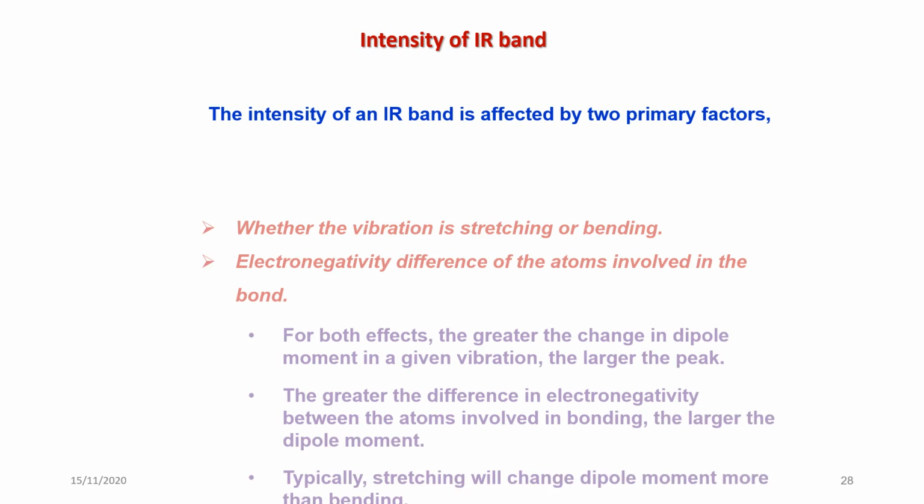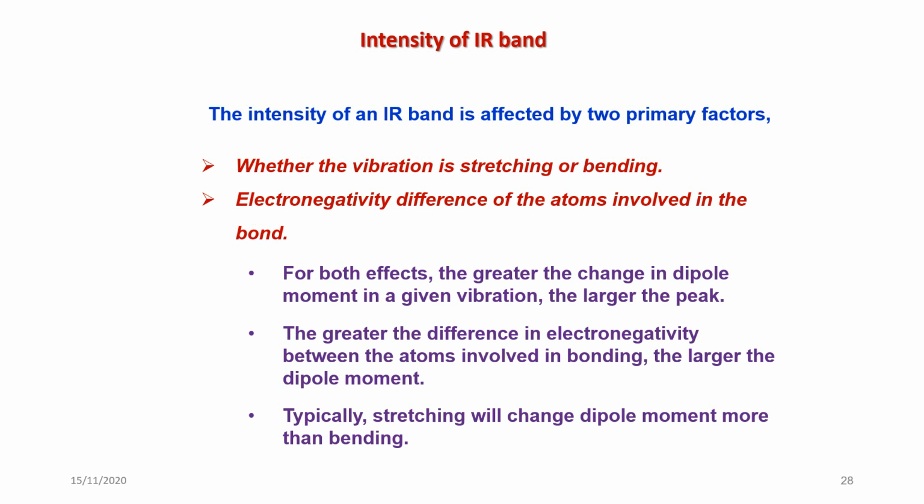The intensity of the absorption band is affected by two factors, whether the vibration is stretching type or bending type. Usually, the stretching will change the dipole moment to a greater extent than the bending.